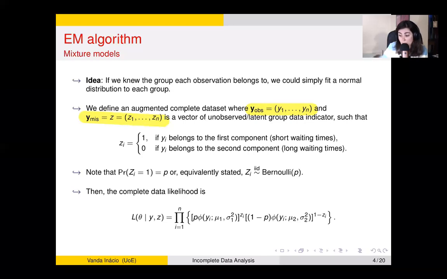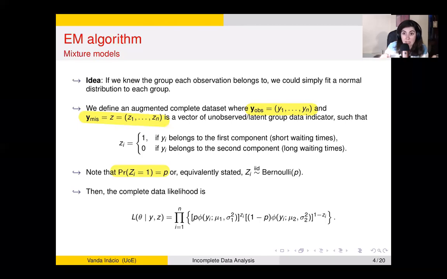Okay, and we also know that because we are saying that Zi is 1 if Yi comes from the first component, and the weight that we are giving to the first component is P, and P lies between 0 and 1, then the probability that Zi is equal to 1 is exactly P. Okay, and now the good thing is that my complete data likelihood, so my complete data is formed by the y's and the z's.